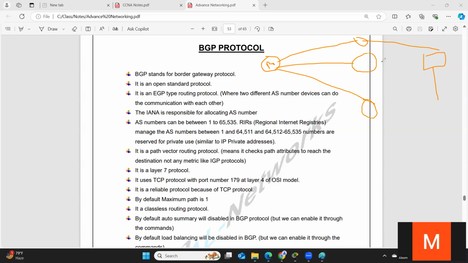Based on the path vector, we have local preference, weight, and origin code. Based on those attributes, it will select the best path. Anyway, we'll discuss that later on.